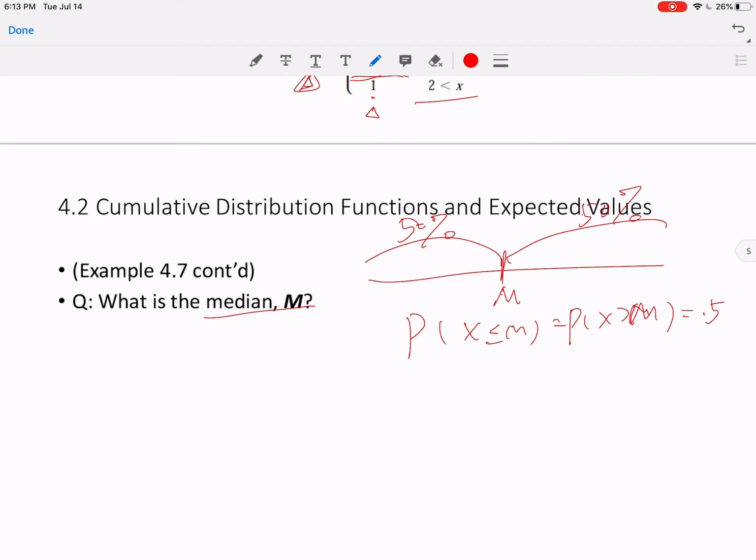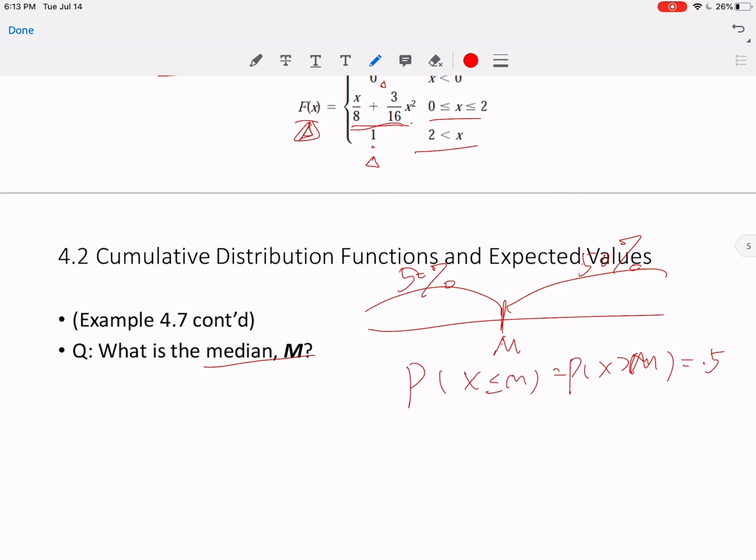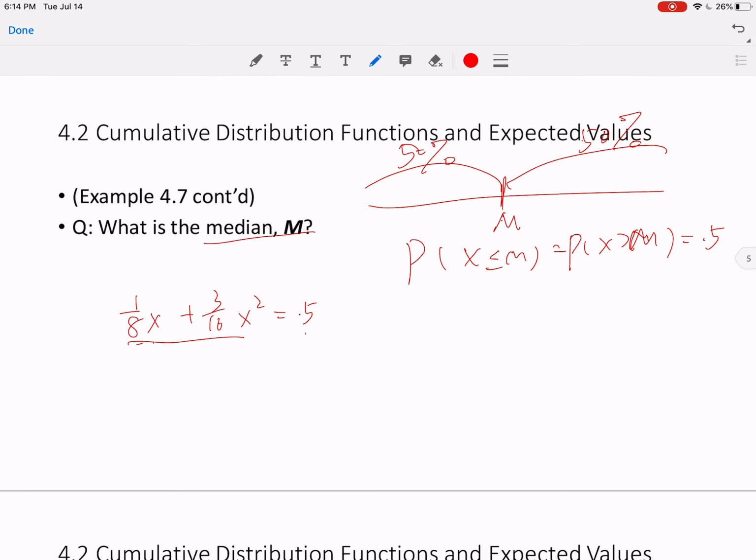So what do we want to do here? We just need to set up an equation: 1 over 8 x plus 3 over 16 x squared is equal to 0.5, because we're looking for the x value that will make the CDF equal to 0.5. Now we can set up an equation like this, and then we just need to solve for x.